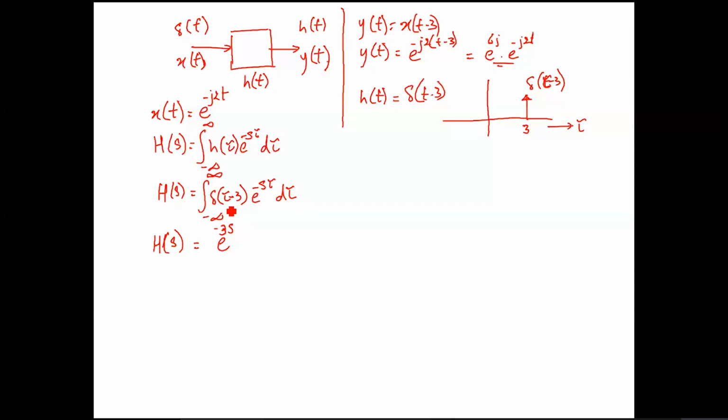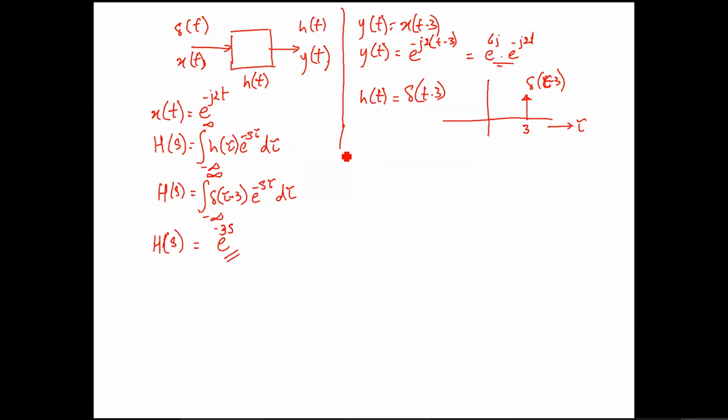So this product over the entire range will be 0 throughout, except it will have value 1 times e to the power minus 3s. That's all. So we can directly write a single value here, 1 multiplied by e to the power minus 3s. Integrating with a delta function is very straightforward. We can directly write the answer. So this is h of s.